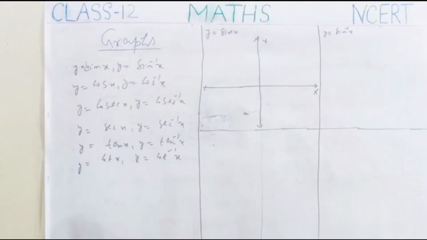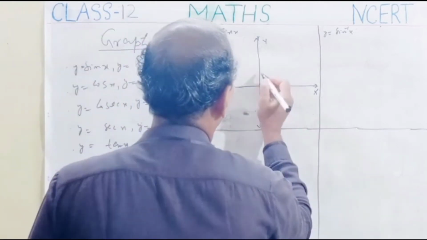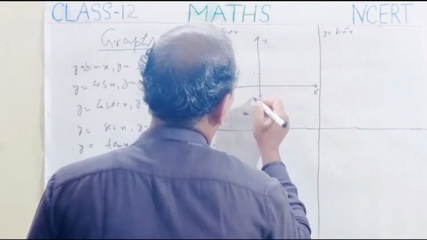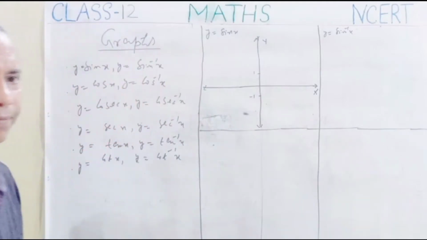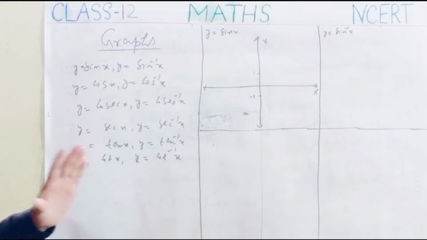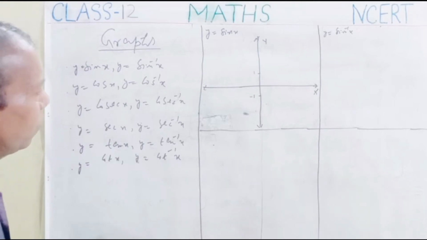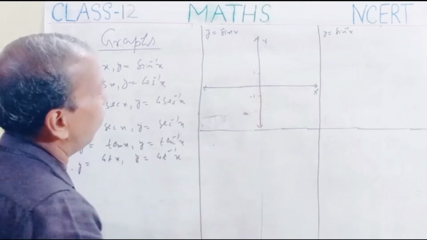Since this is y is equal to sin x, on the x-axis I am taking the angle. Obviously this point is 1, and at this point the value is minus 1. As I told you, for drawing the graph, three things are necessary. First, you have to see what the values are. So here, 1 and minus 1.